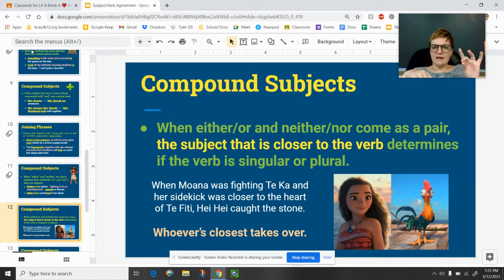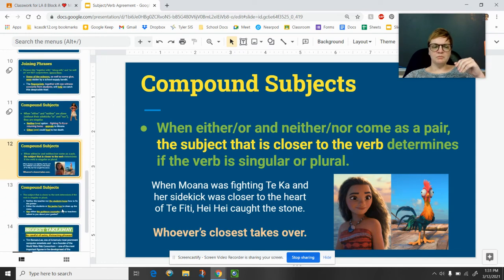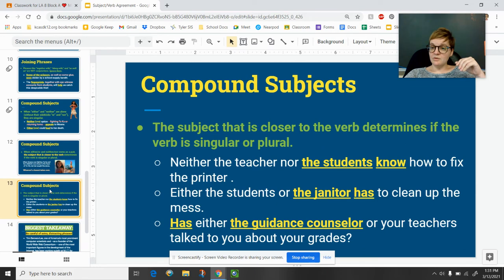When they're fighting Te Kā and the heart of Te Fiti was closest to Hei Hei, he's the one who grabbed it in his mouth. So whoever was closest picked up whatever the battle was. Similarly here, if we do either or, neither or, whichever one is closest is the one that determines whether it's singular or plural.